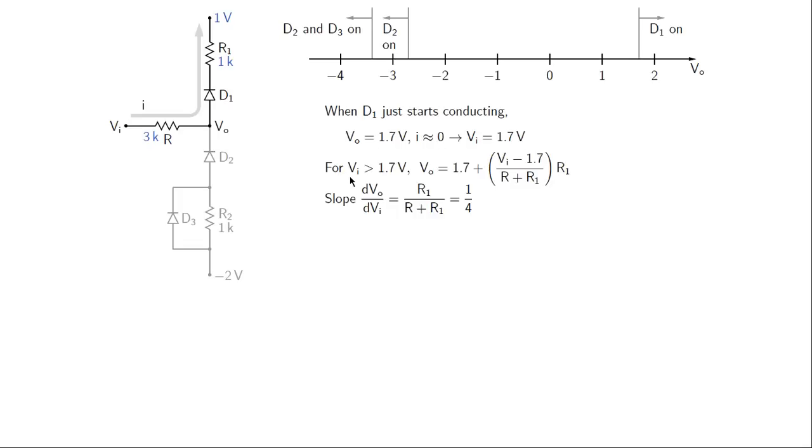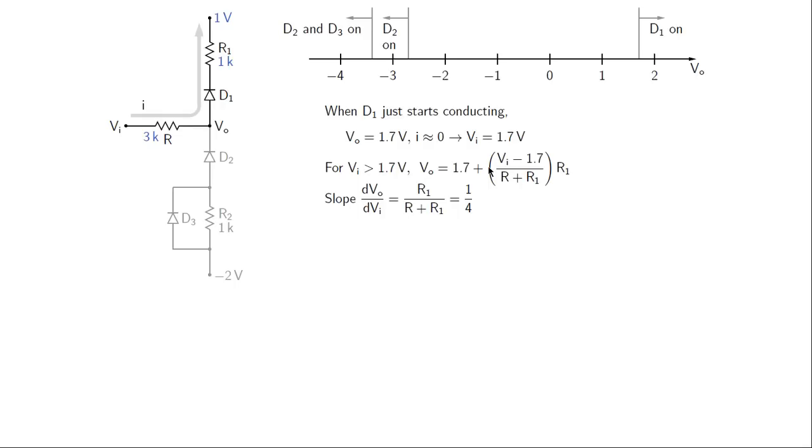When VI is increased beyond 1.7 volts, this current starts increasing, and then let us see what Vo is. Vo is 1 volt plus 0.7 volts here plus this voltage drop, that means I times R1. And what is I? I is given by VI minus 1 volt minus 0.7 volts divided by R plus R1.